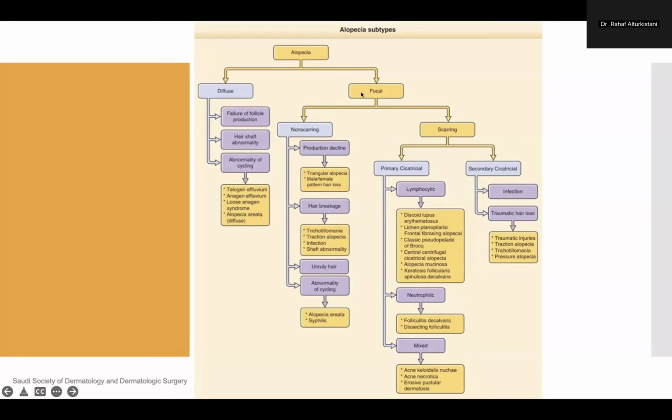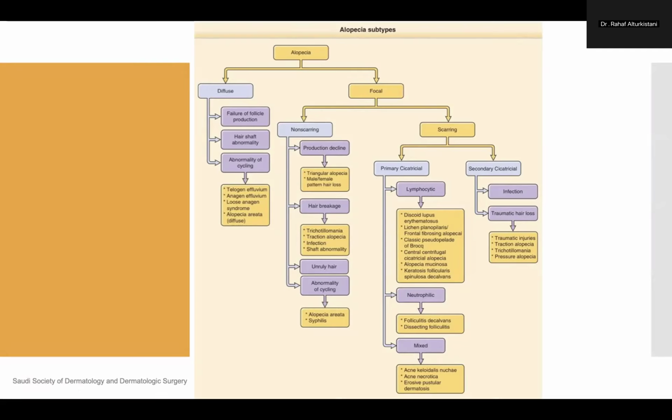The focal can be further classified into non-scarring and scarring. The non-scarring is mainly related to trichotillomania, for example, traction alopecia, and alopecia areata, while the scarring can be classified according to the cells that we find in the histopathology: either lymphocytic, neutrophilic, or mixed.